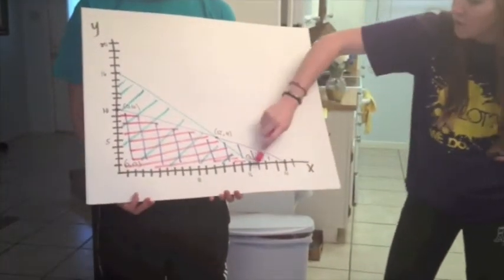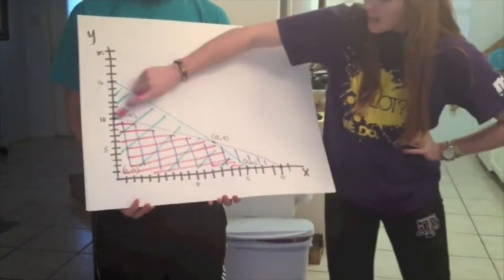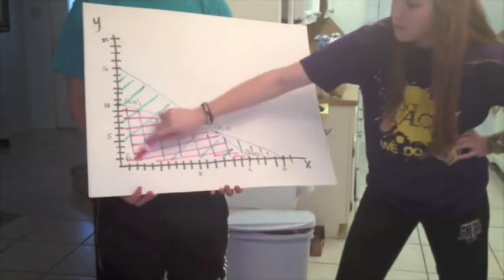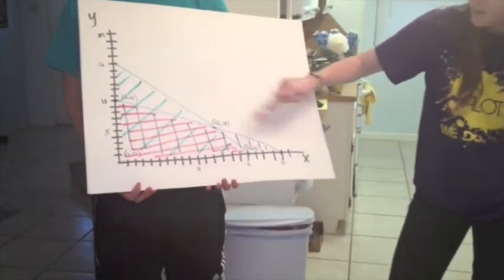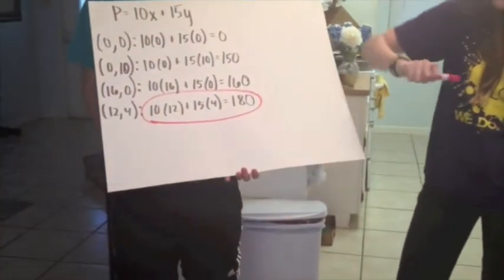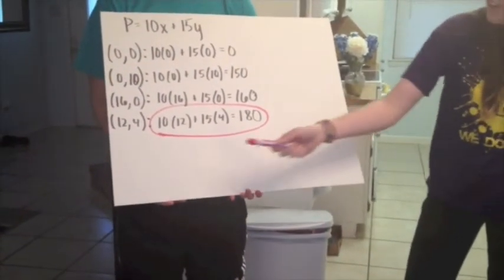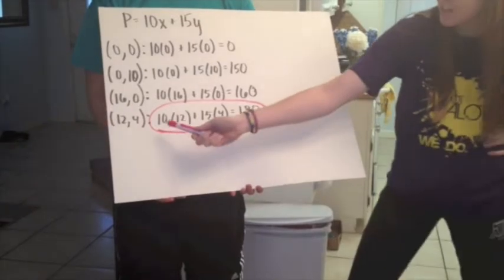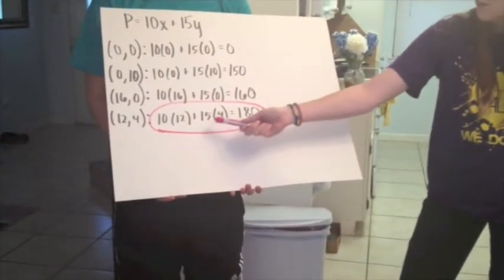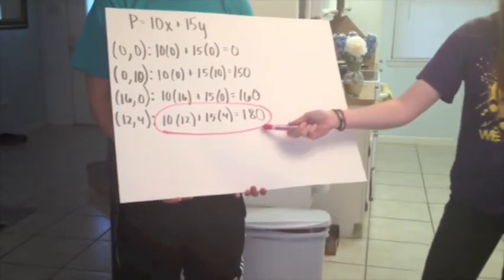We graphed both of our functions, the turkey and the number of sandwiches, and we found where the constraints met in the middle, found all the vertices, and plugged them into the original profit equation. After plugging in all our numbers, we found that if we made 12 single sandwiches at $10 and 4 double-decker sandwiches at $15, we got our largest profit at $180.